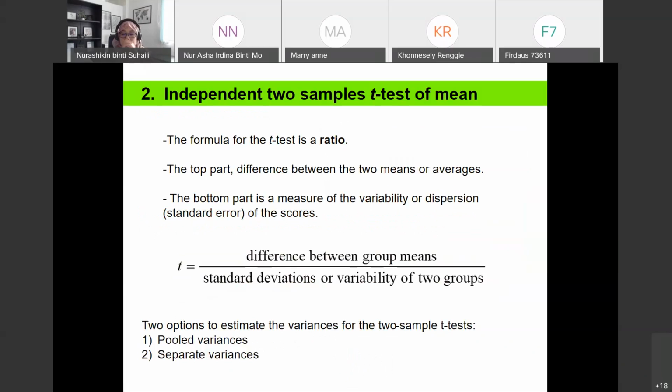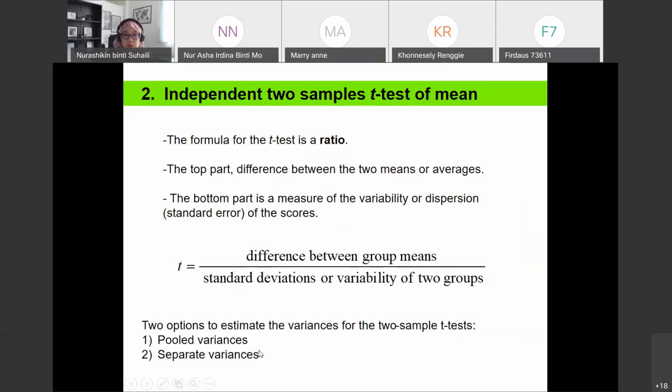So first we have a look at independent samples, independent two samples. There are two situations. I just go straight to the point, I don't go word by word here. There are two situations: where the variances of the two samples are pooled, pooled meaning accumulated, and when the variances are separate or different.